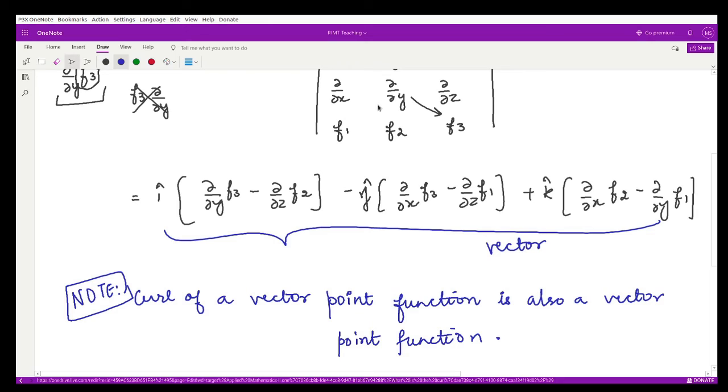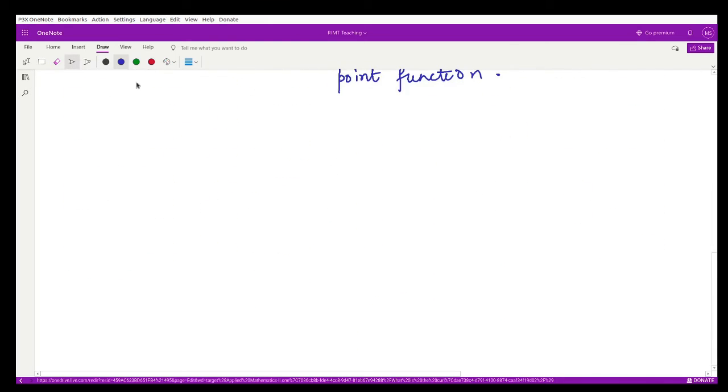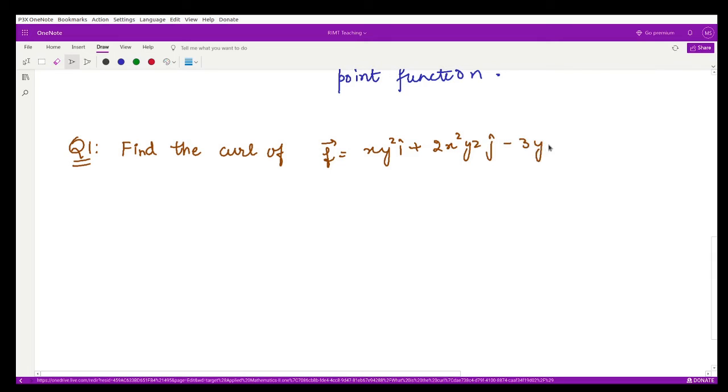First example: find the curl of the vector f, which is defined like this: x y square i cap plus 2x square yz j cap minus 3yz square k cap. So this is the vector that is given to us.